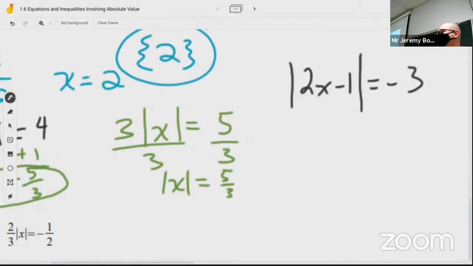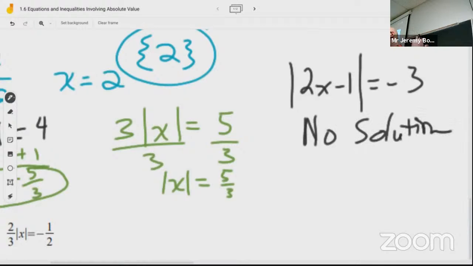What can I take the absolute value of that'll give me negative 3? Nothing. So what do you think the answer to this problem is? No solution. If you have just an absolute value equal to a negative number, there's going to be no solution to that, because there's nothing I can take the absolute value of that'll give me a negative value.